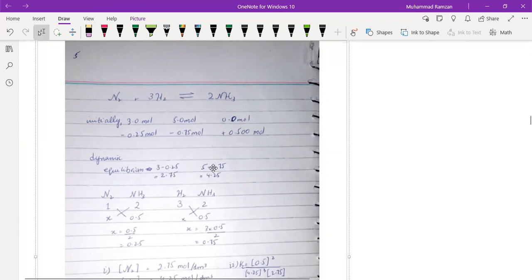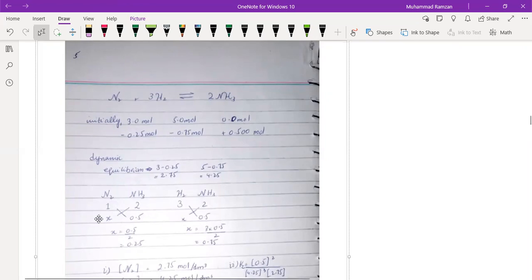And at dynamic equilibrium, NH3 formed is 0.5 mole. It is provided in the question. The container is 1 dm cube, that's why it becomes concentration, 0.5 mole per dm cube.